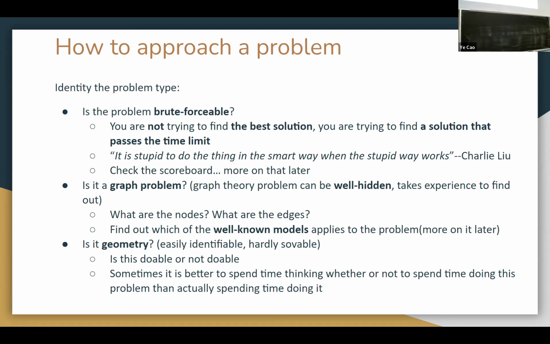But that's just stupid. You don't get extra credit for coming up with an extra fast algorithm. If you can find an n-squared algorithm, type it out, solve that problem, and move on. You don't get extra credit for coming up with a, quote unquote, extra smart solution.